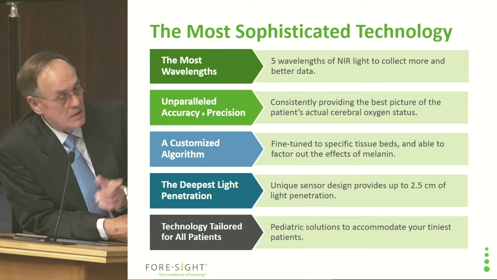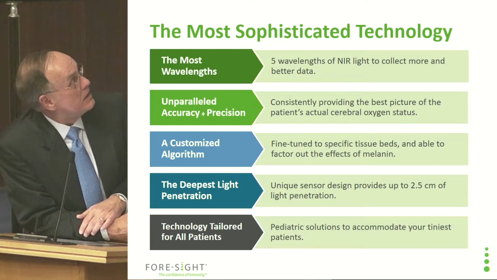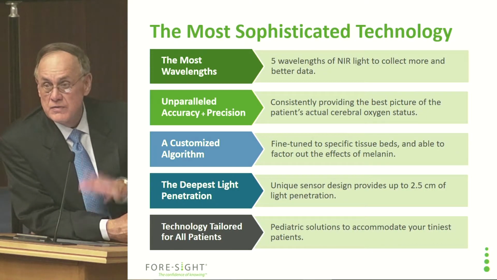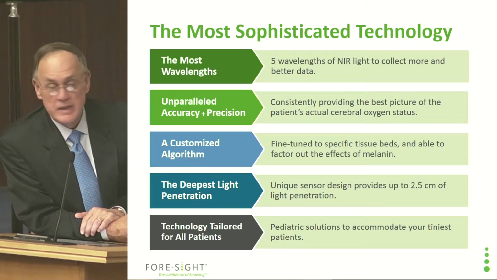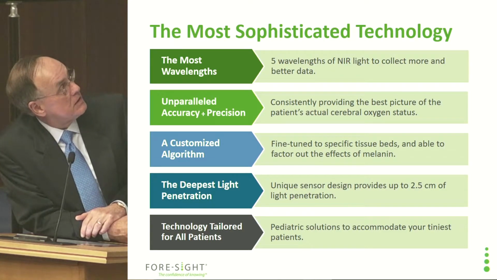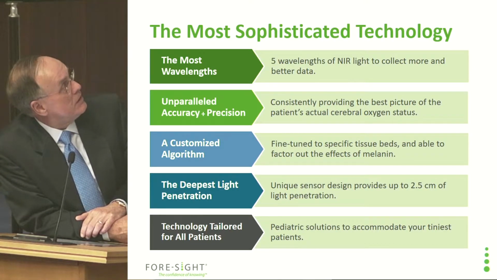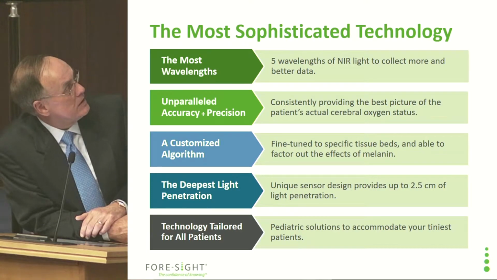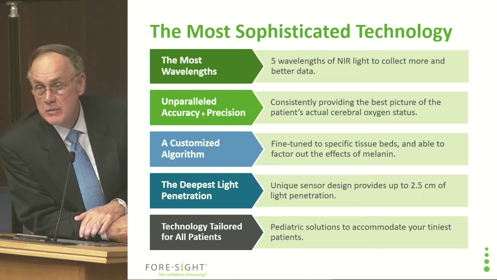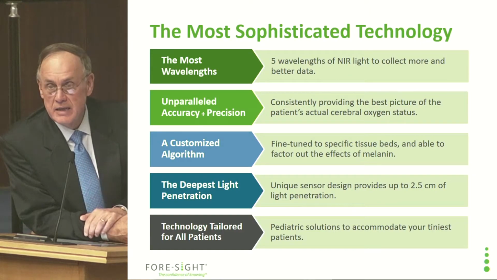So, looking at the technology, Foresight Elite uses 5 wavelengths of near-infrared light. This is very important because it allows us to collect more and better data, and I'll explain what that means. We have unparalleled accuracy. The computer program inside the monitor allows us to process that data to give accurate saturation values.